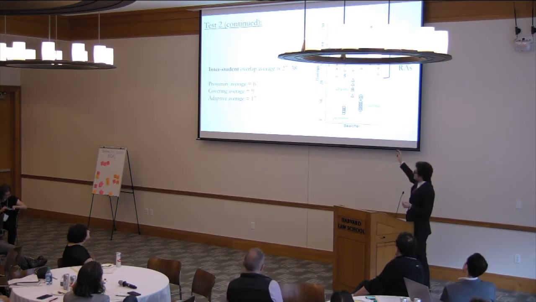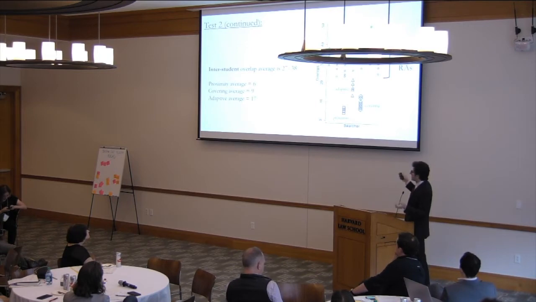And 27 to 38 is out of 100 possible overlaps. Then for the proximity method, you just get 6 overlaps with the students. The covering method gets 9 overlaps with the students, on average for each student. And the adaptive method gets to 17, which is kind of close to the bad students in this case.